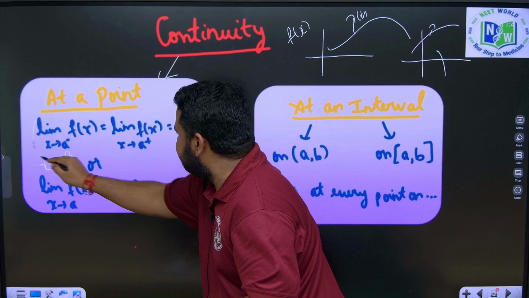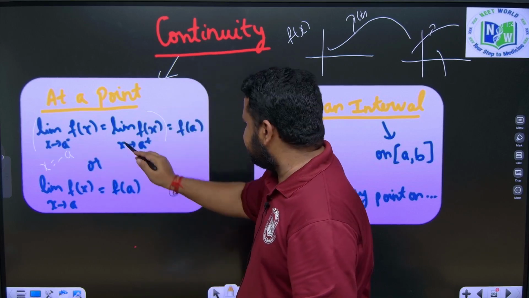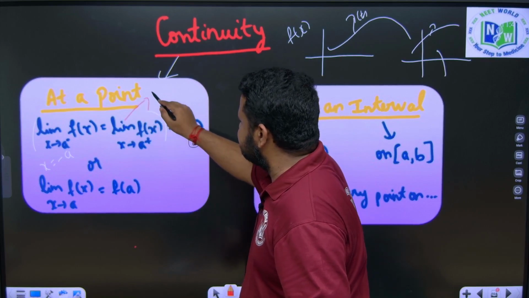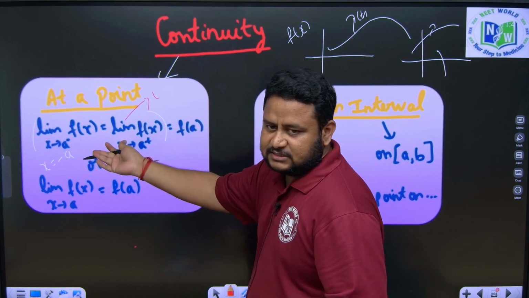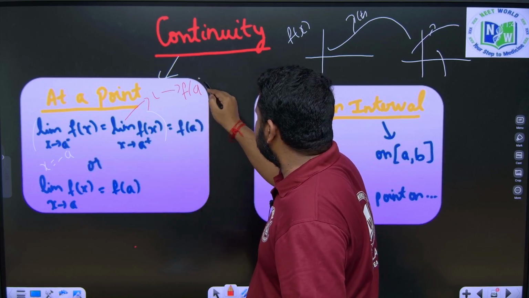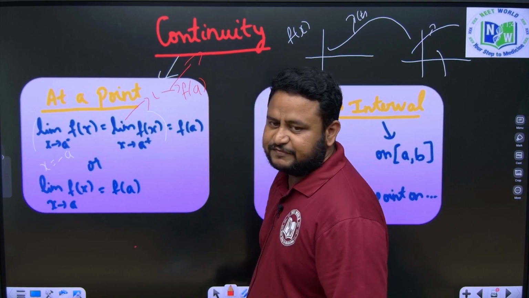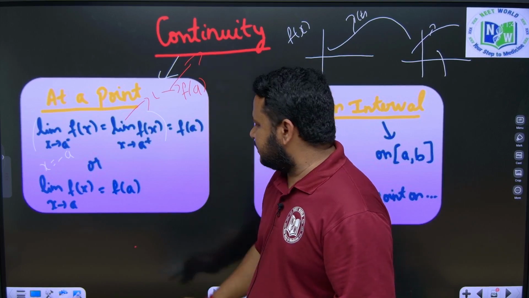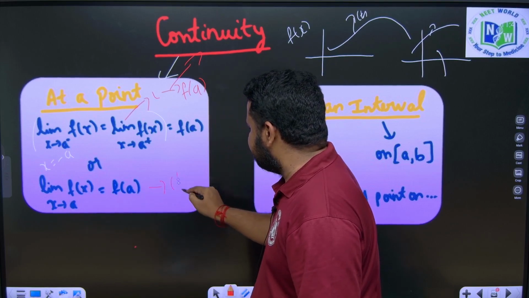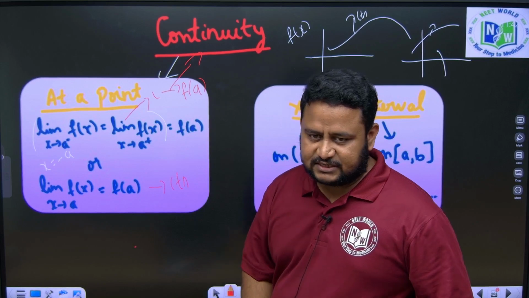Till here, whatever you have seen means that the limit exists and has a finite value. If this is equal to f of a, that is, the limit of f of x as x tends to a is equal to f of a, then it is a continuous function. That's it. This is the meaning of a continuous function.